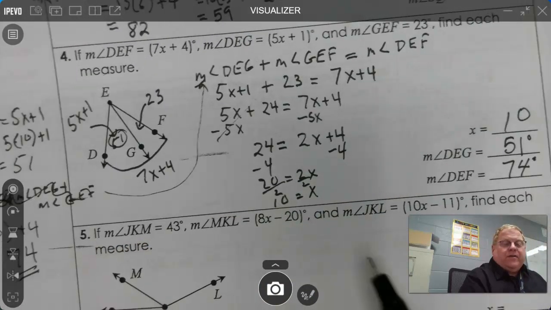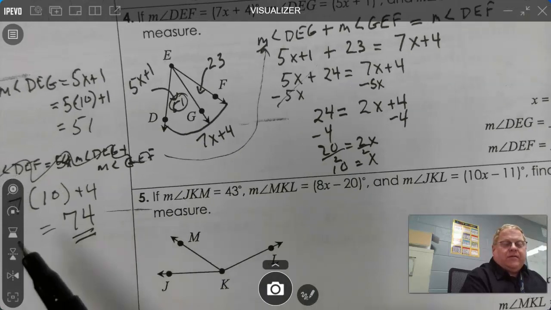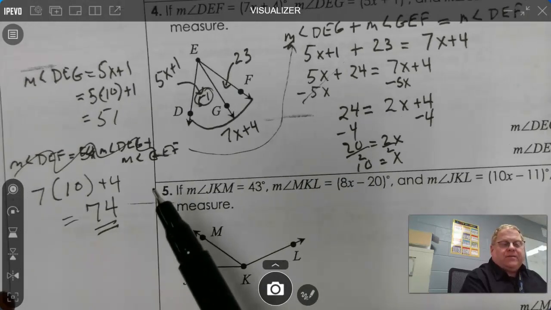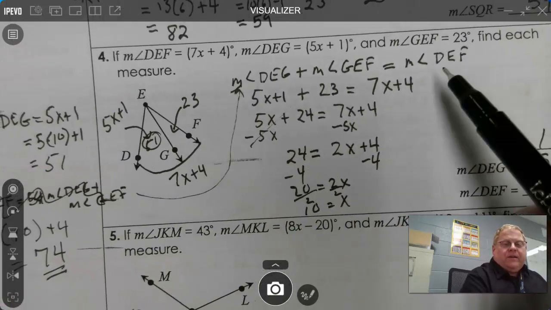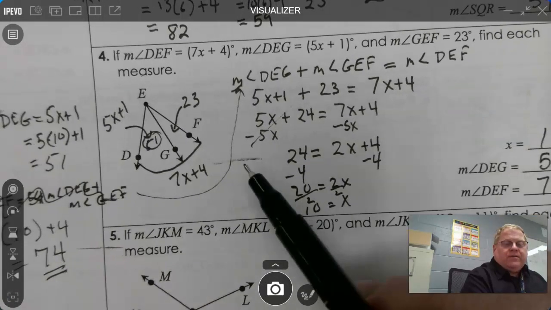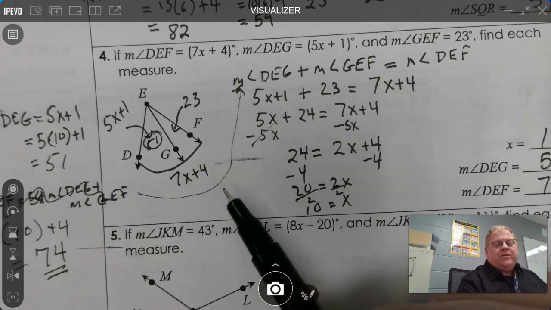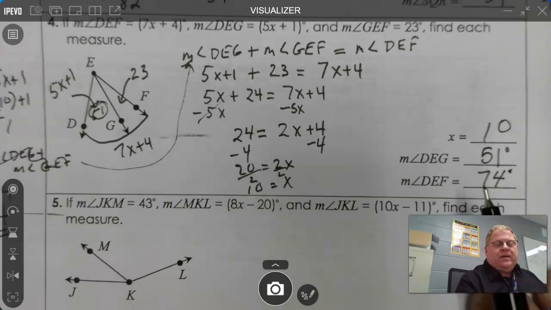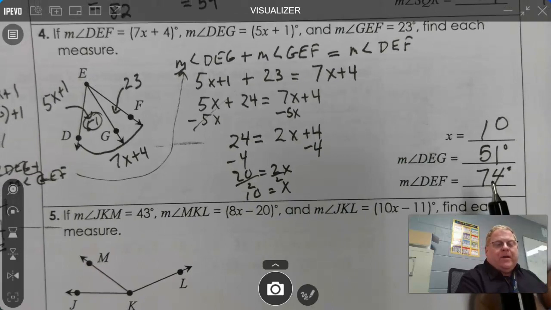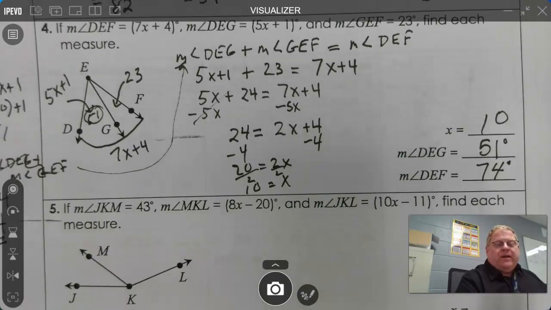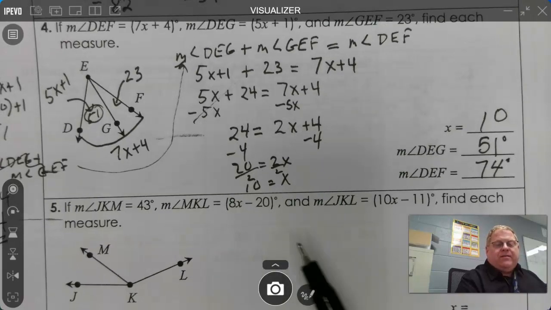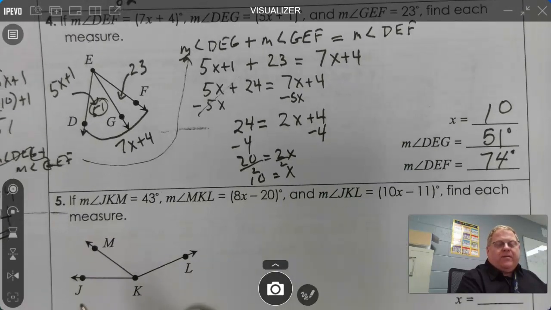But it was so much quicker just to punch it into the expression I had, the 7x plus 4. I have it right here, and I also have it written in the picture. So if you're a visual learner, the best thing you could do is to mark your picture, because you want to see everything applied. Reading it is tough if you can't apply it to the picture.